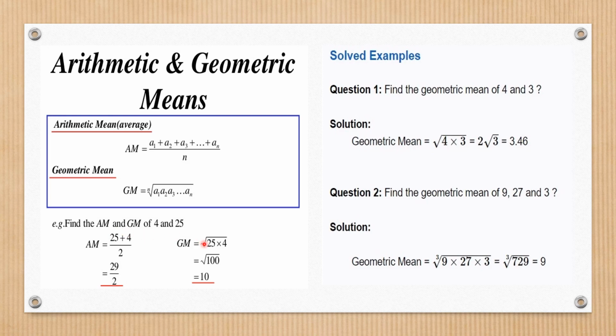For geometric mean, it will be the square root of the product of the two numbers, because there are two numbers. Similarly, 4 times 3 is 12 and the square root of it, after solving, you can leave as 2 root 3 or change to decimal form. For three numbers, it will be the cube root of the three numbers multiplied together. Is this clear?